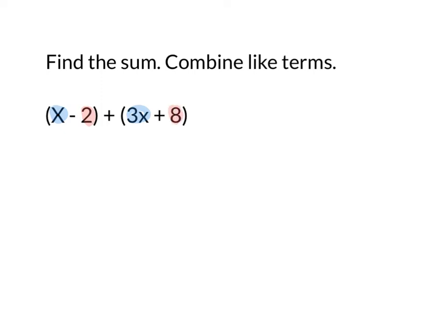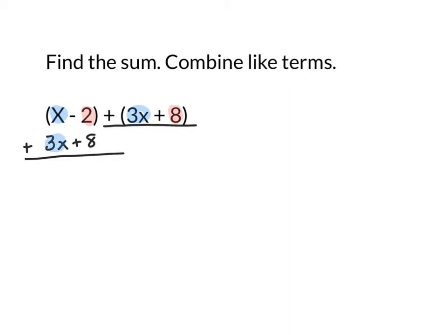One way that you can write out your problem to find the sum is by stacking and adding. So if I take plus 3x plus 8 and I bring it down and I line up my like terms, and then I can draw my line, and I'll highlight the like terms again.